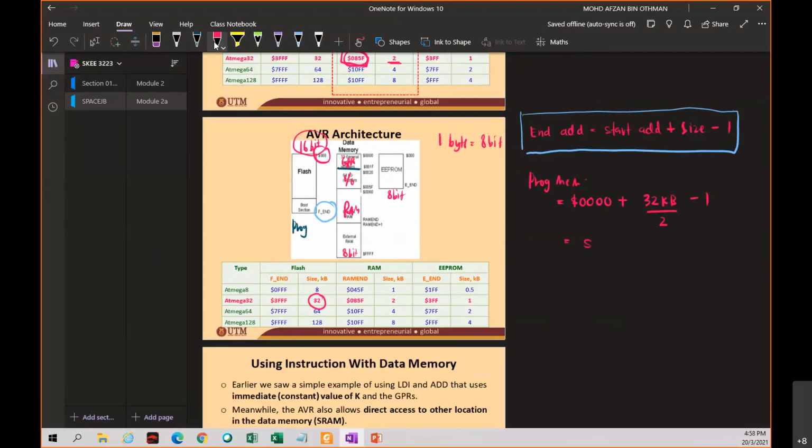Okay, so kamu akan ada 0000 tambah dengan 16 kilobyte minus with 1. Okay, so bila kamu tambah tu, kamu akan dapat, anyone, saya tak ada calculator lah, boleh tekan tak? Boleh bantu? Anyone?